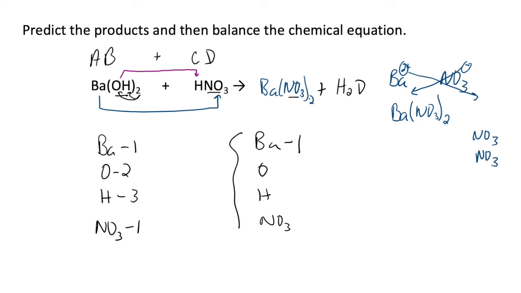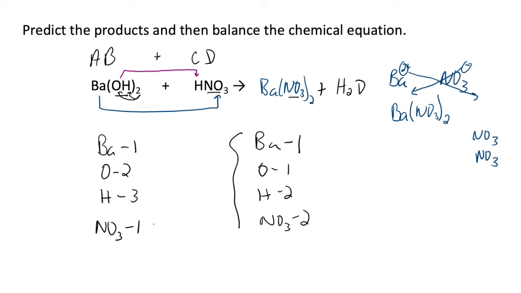We have 2 nitrates because 2 times this entire thing inside gives us 2. Now remember, we have accounted for the nitrogen and the oxygen inside of the nitrate, so we don't have to list that separately or account for what's inside of this parentheses a second time. It's already counted for there. So for the water, we have 1 oxygen and 2 hydrogens.